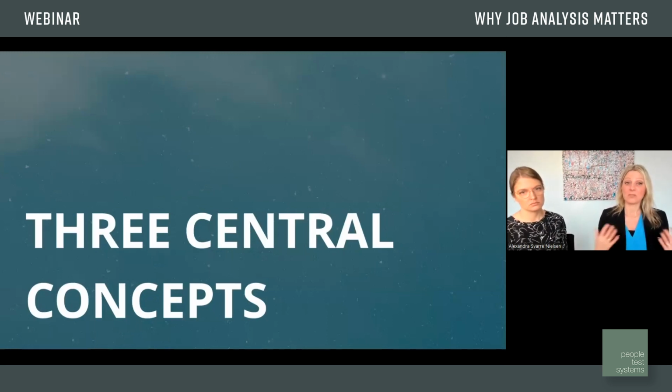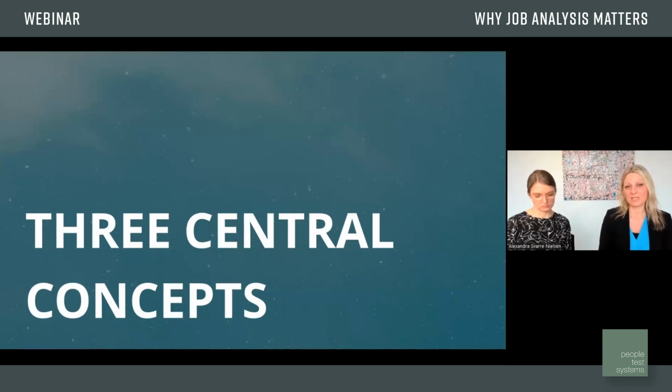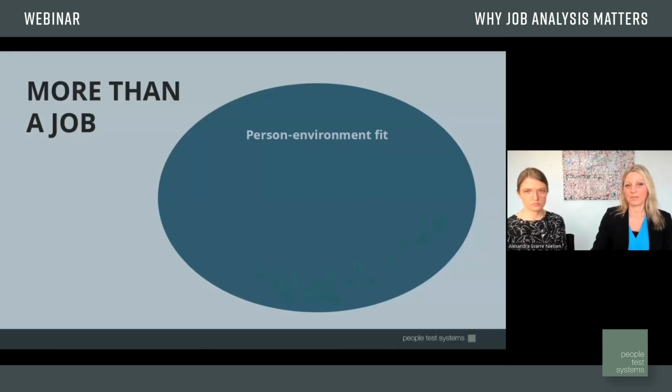And there we look at 3 central concepts here. So we're taking in and presenting to you 3 central concepts that you can use as a framework really to analyze the job into depth. The first one is what we call person-environment fit, and it's like an umbrella, the term that we use here. And person-environment fit consists of 3 underlying things.